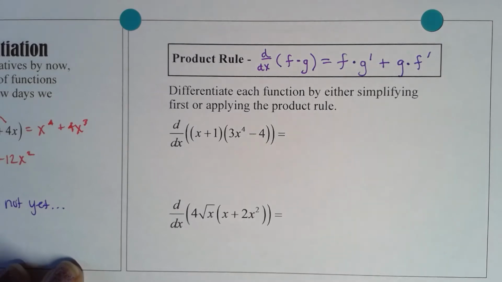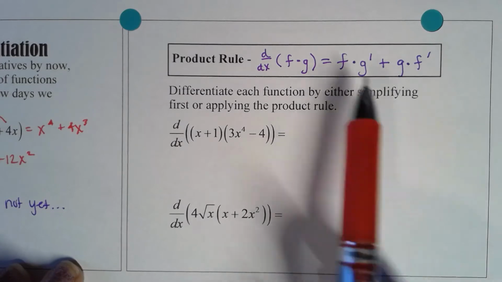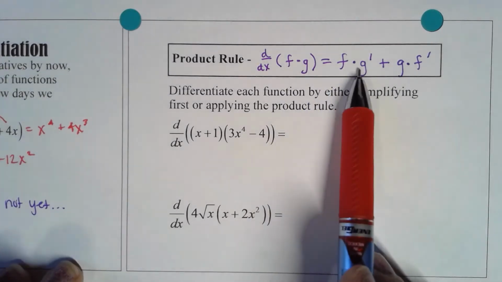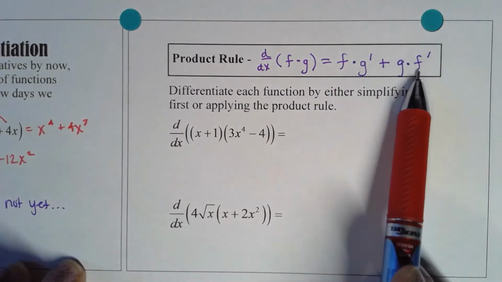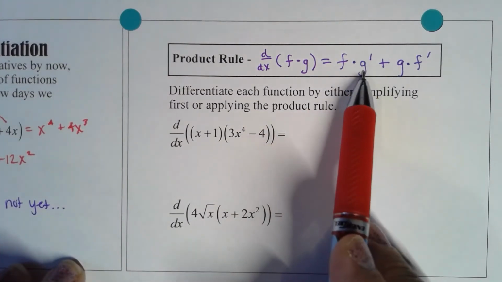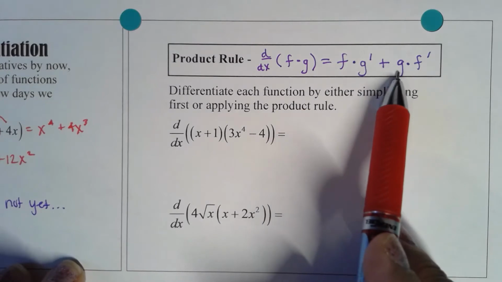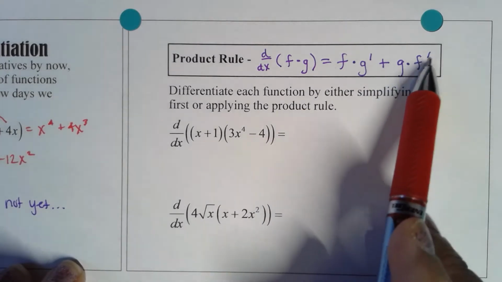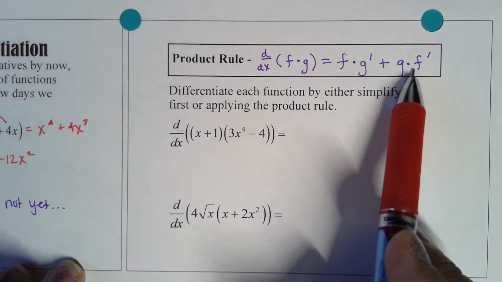I know that looks a little bizarre. The more we practice it, the easier it's going to get. Okay, and I wouldn't necessarily memorize f, g prime, g, f prime. You're going to hear me say things like the first times the derivative of the second plus the second times the derivative of the first function. That's kind of how I do it.